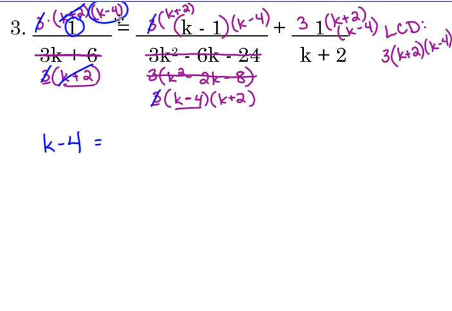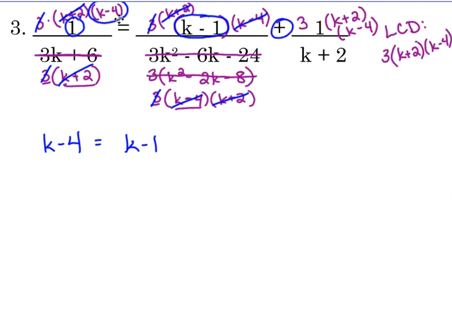Equals, the 3 cancels, the k plus 2 cancels, the k minus 4 cancels. So what are we left with? The k minus 1. I put it in a set of parentheses in case I had something left in that numerator that I would need to distribute. I don't have anything left, so I don't need the parentheses anymore.